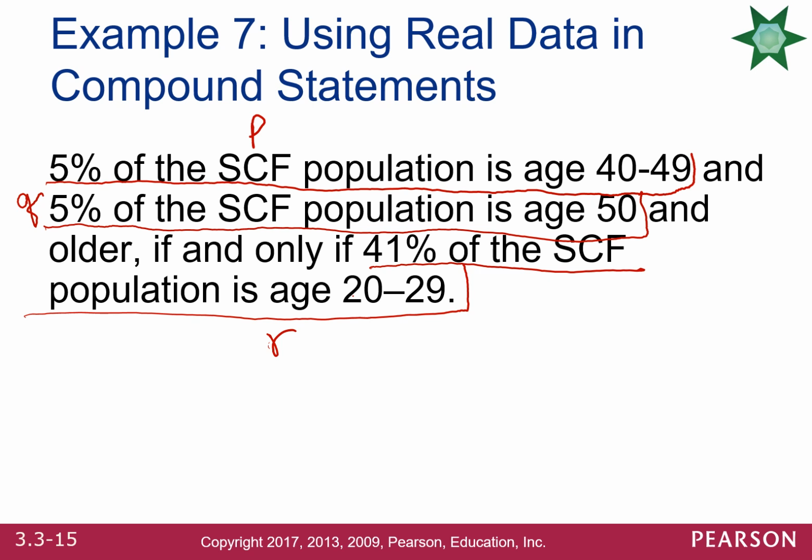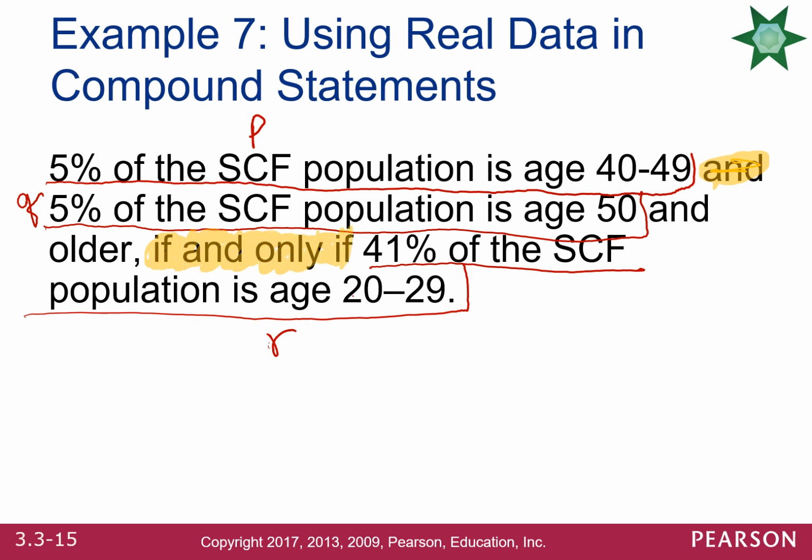We have an AND. So that's going to be used in our construction of the logic statement. And then we have an if and only if, so this is the biconditional statement.